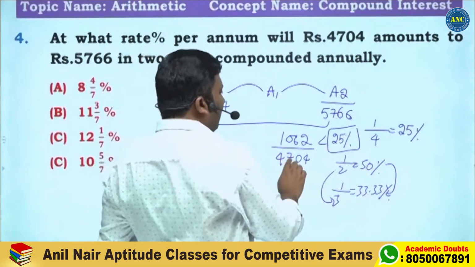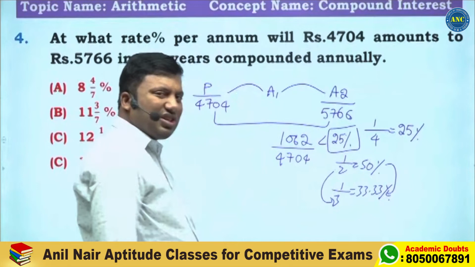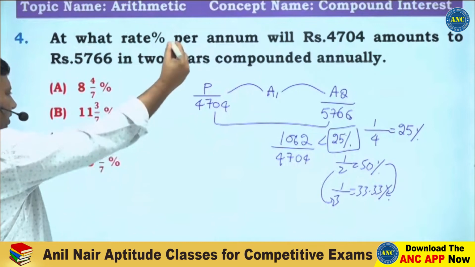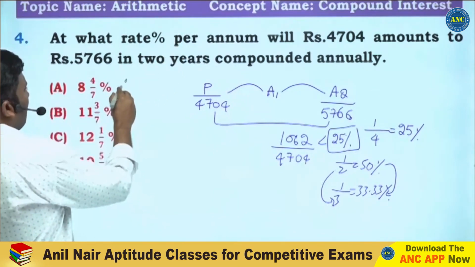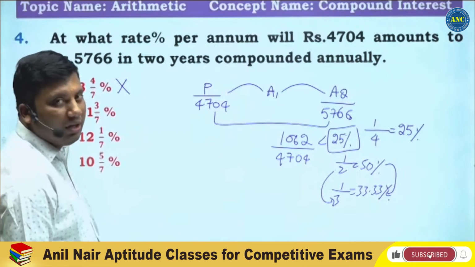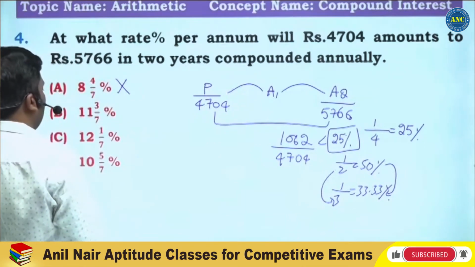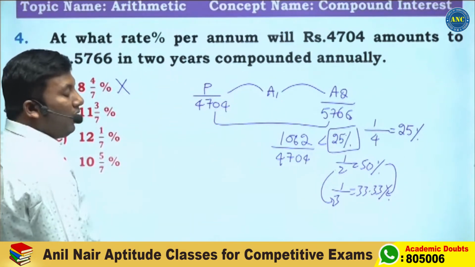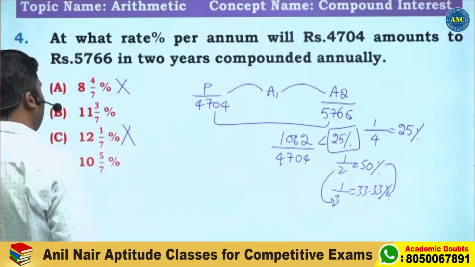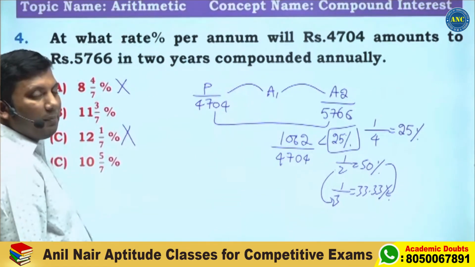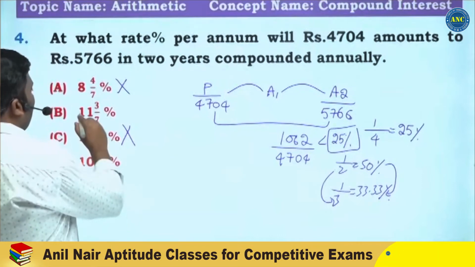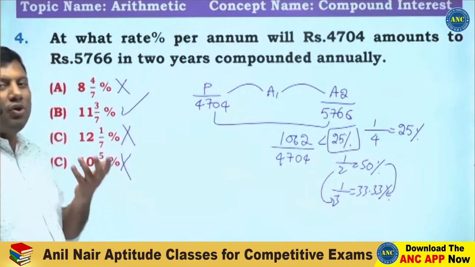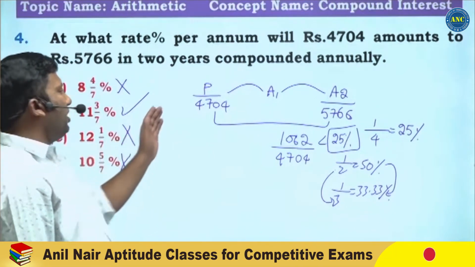The answer should be just less than 25 percent. 8 plus 8 plus 8 into 8 by 100 is 16 point something. 12 plus 12 is 24, plus 12 into 12 by 100 is 1.44, so 25.44 percent, greater than 25 percent. 10 plus 10 plus 10 into 10 by 100 is 21 percent, and 11 plus 11 is very, very close to 25 compared to this value. You don't need any mathematics to solve the question.